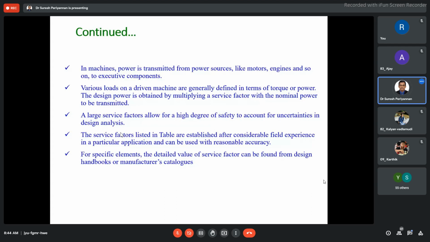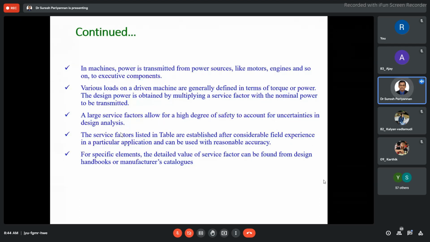So for complex components we should consider the power transmission capacity 10 kilowatt, but actual power transmission is 5 kilowatt, because the complex structure may fail. We give it because of some uncertainties. Hence we would like to avoid the failure and ensure the safety. We are considering higher service factor for the complex geometry of the components or critical components.